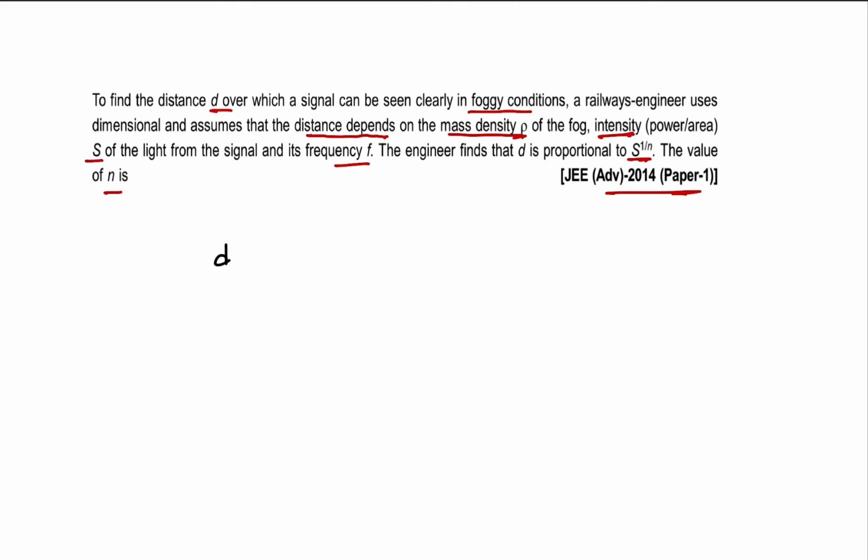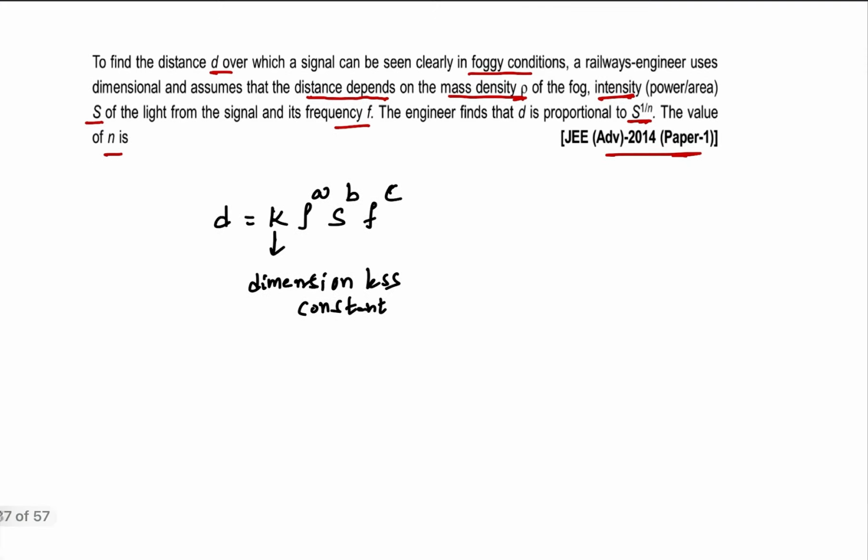Now you can observe that the quantity the engineer is going to find is the distance. That distance is equal to K, a dimensionless constant, and we can see what the terms are: rho, density, power a, intensity S power b, and frequency power c.